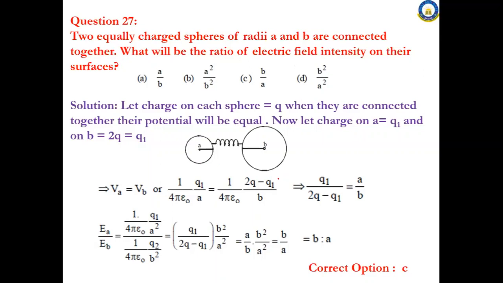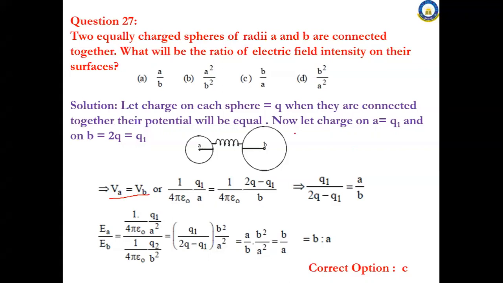Now what will be the ratio of electric field intensity on the surfaces? The charge on each of the charged spheres, we consider to be Q. They are connected together, therefore their potentials will be equal. The potential VA equal to VB.